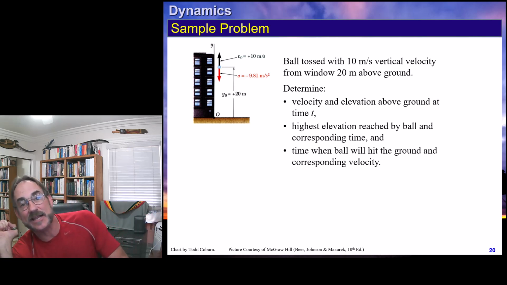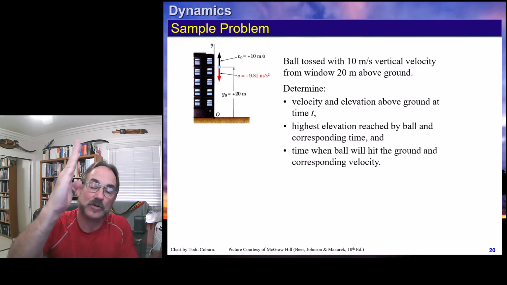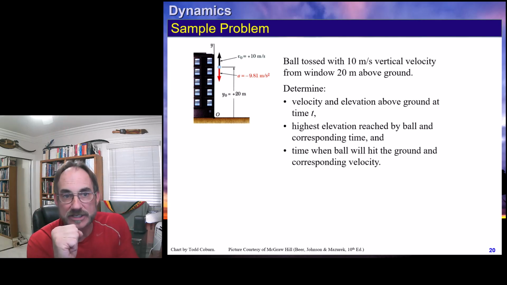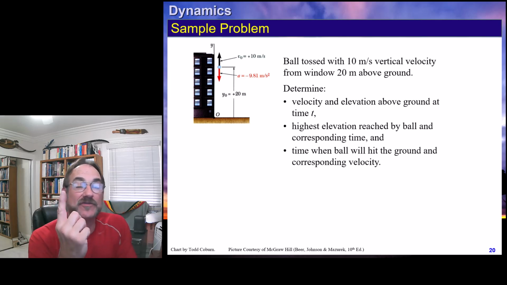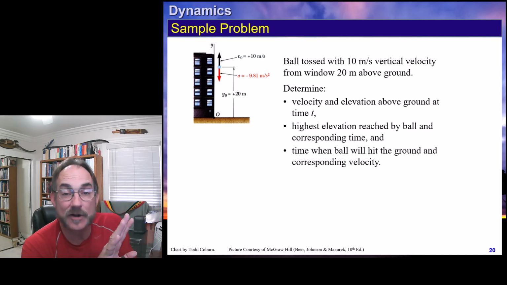But some idiot threw the ball upwards. Fortunately, it's straight up and not off at an angle, so it's just going up. When this ball gets thrown, we're going to have a velocity at position y0, which is 20. We also have an initial velocity. Sketching this out, if it's not already sketched for you, can really help.